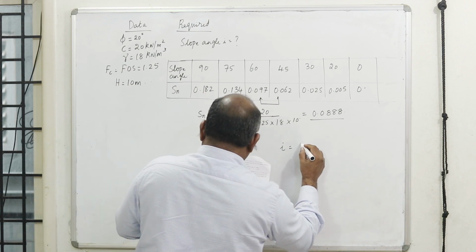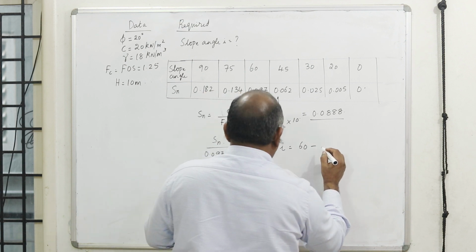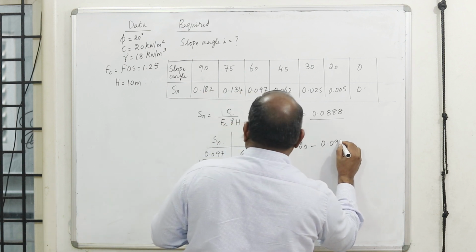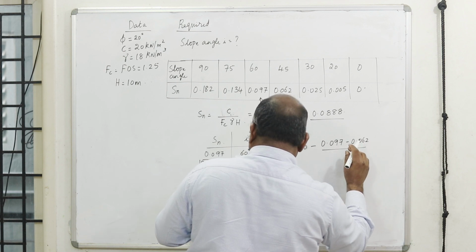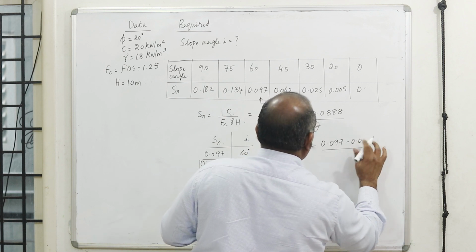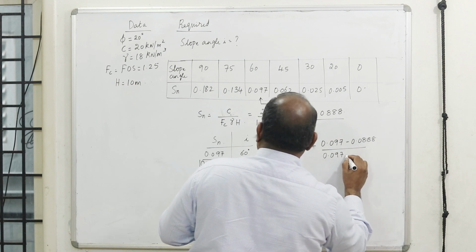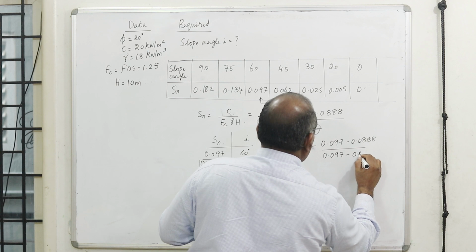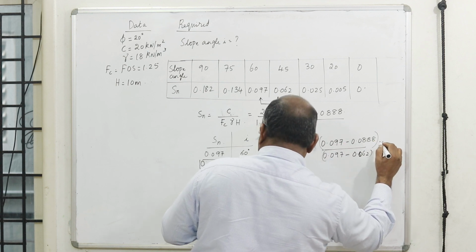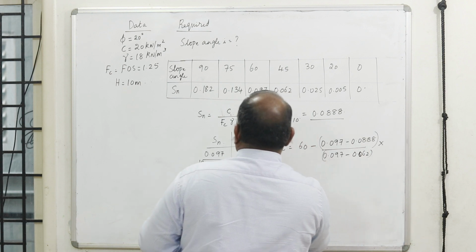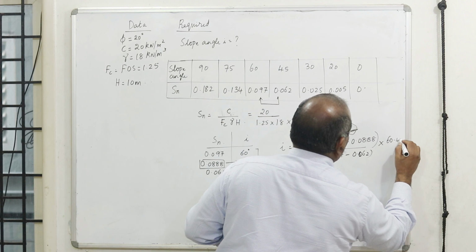Therefore, 60 degrees minus, 0.097 minus 0.0888 over 0.097 minus 0.062, it is a rule of three, into the difference 60 minus 45.